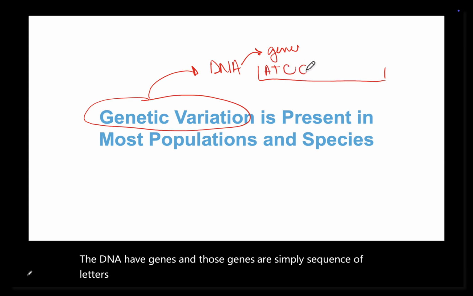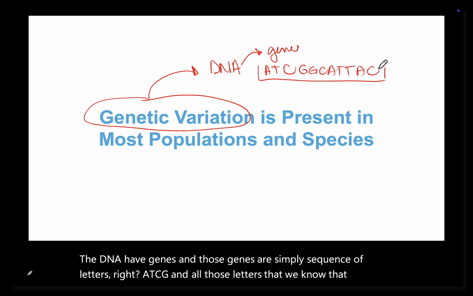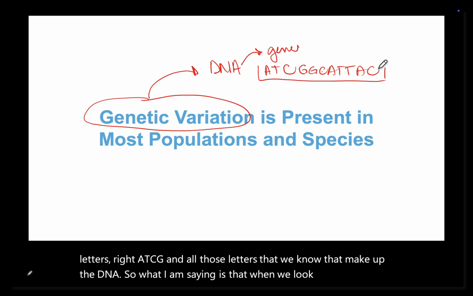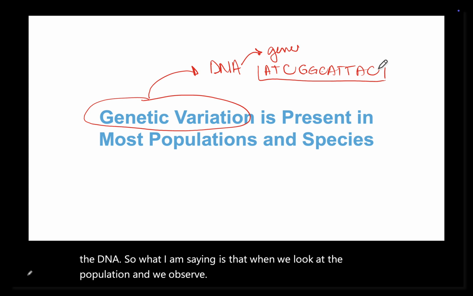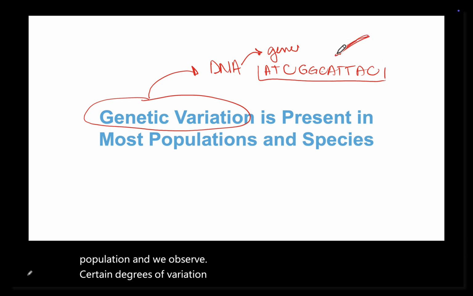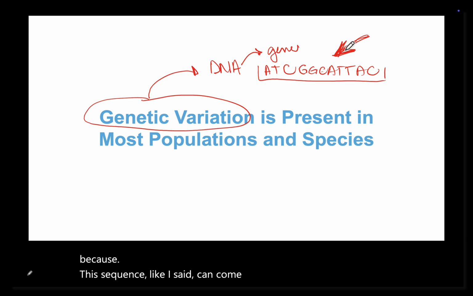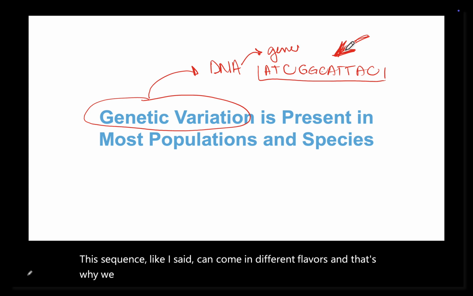A, T, C, G, and all those letters that we know make up the DNA. So what I am saying is that when we look at the population and we observe certain degrees of variation, what's actually dictating that variation is the sequence of letters that make up that gene, because that sequence, like I said, can come in different flavors, and that's why we have different alleles for the same gene.